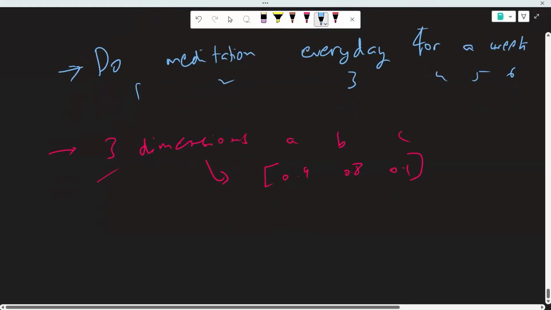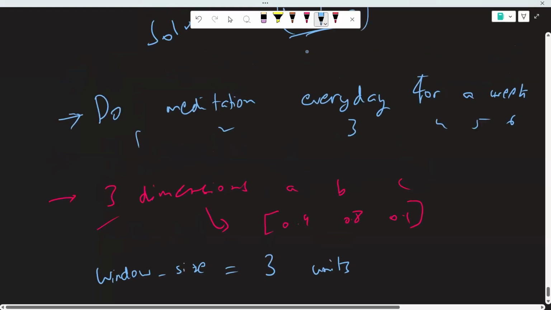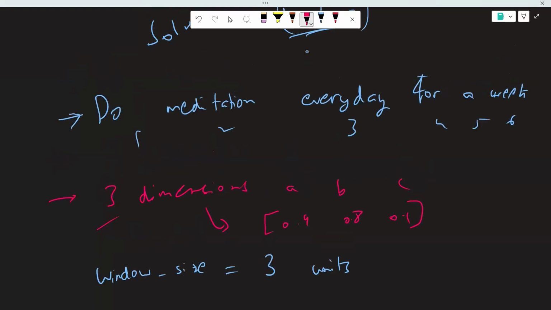Let's say I define my window size as 3 units. So what does that mean? If my window size is 3 units, it means that I would be taking three words and moving in this sentence, which means I would be taking the first 3 words. These are the 3 words that I'll be taking.